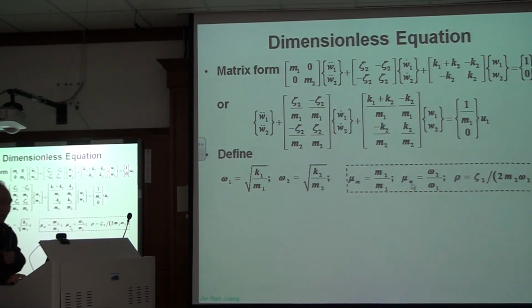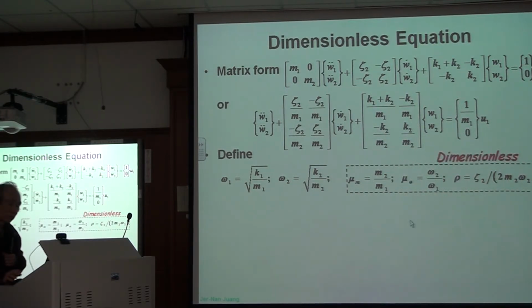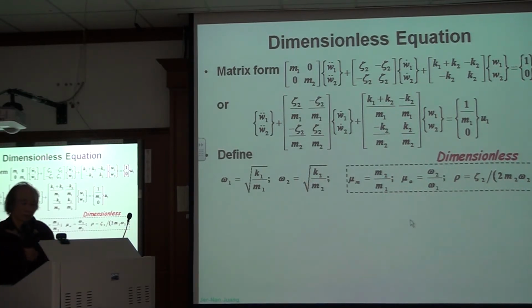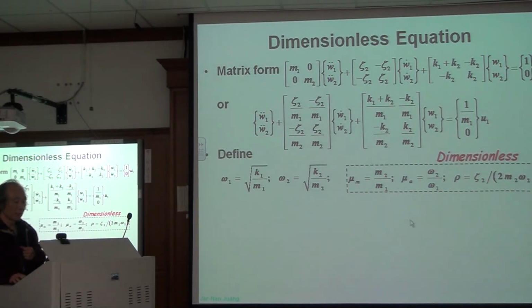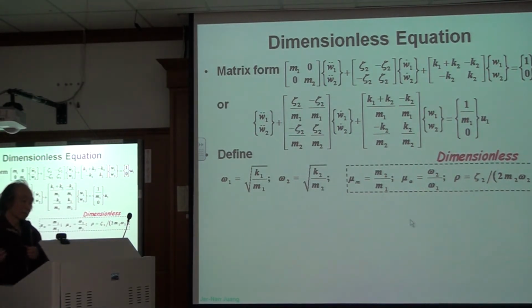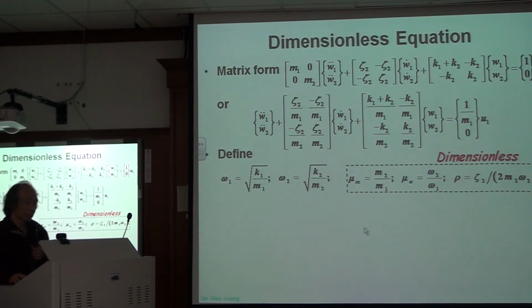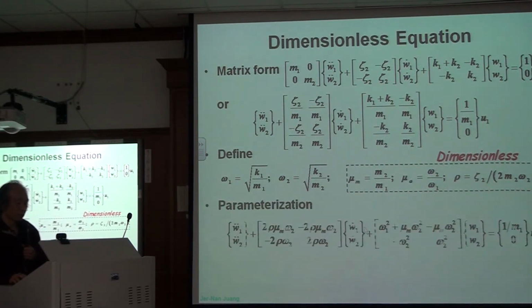That's the typical way to do it, and this is all dimensionless, which means I don't have any unit for this. If I know those dimensionless parameters, then I can come back and compute my M2, zeta 2, and the other things.